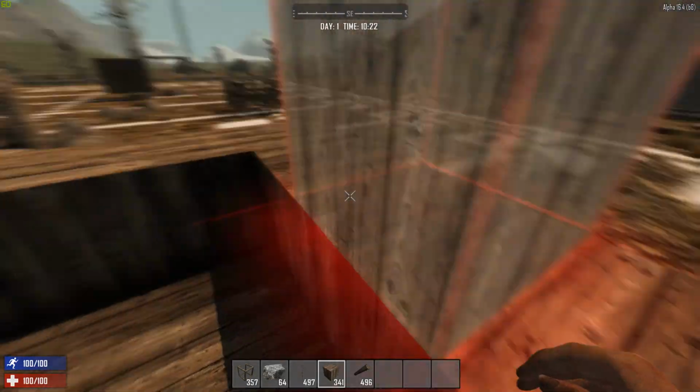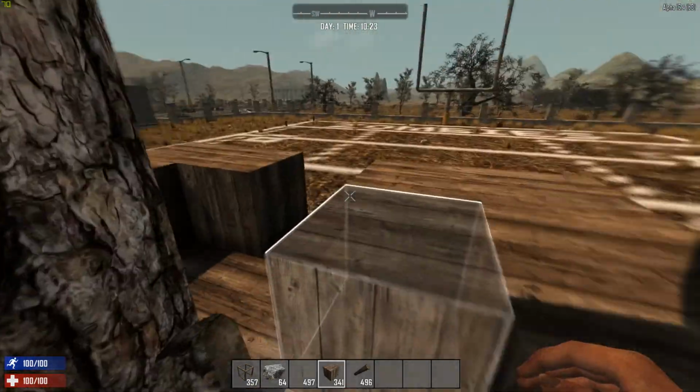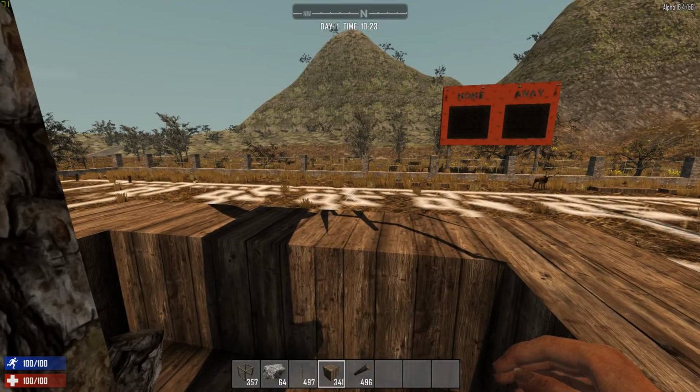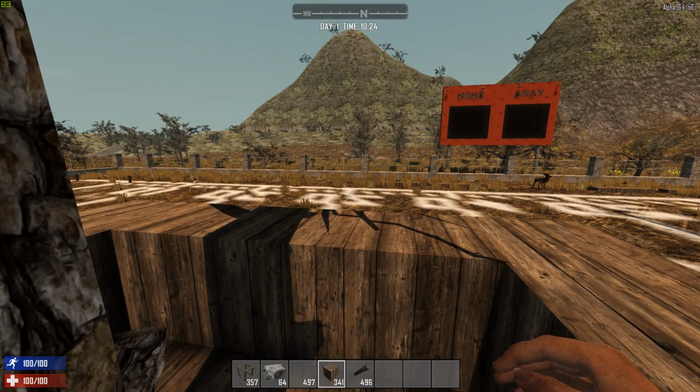That means that if I add a second wall here, well, on the original ground we had 8 blocks spare, and with the blocks below we have 28 more.